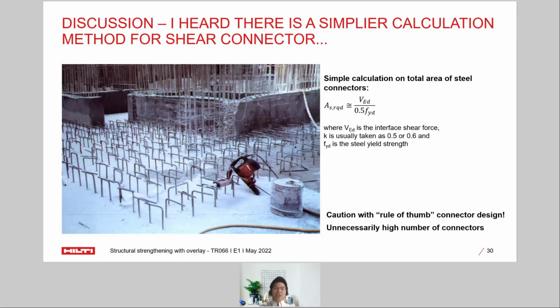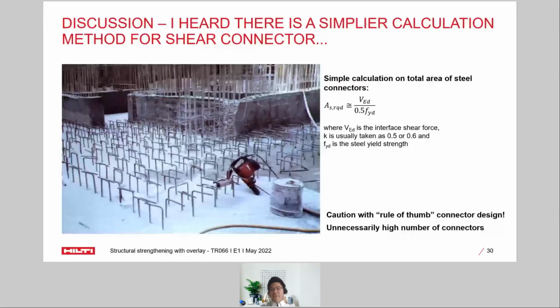But the issue is here: such a design only considers the dowel effect of the connectors and neglects the interlocking or the shear friction, which actually contribute a large part of the shear resistance. This results in an unnecessarily high number of connectors, too many holes to be drilled, too much chemical to be used.